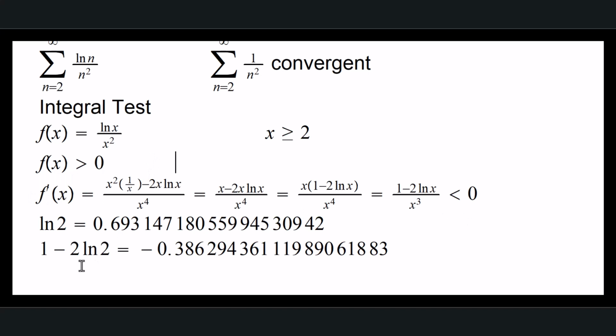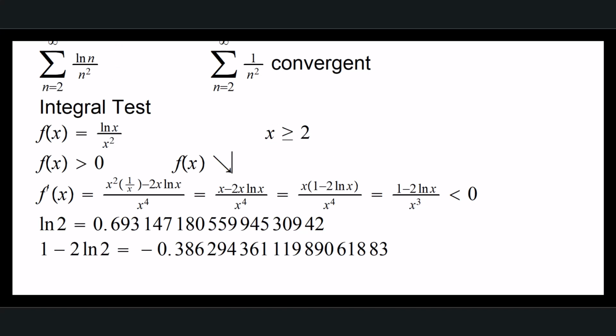So what that gives us is that f(x) is a decreasing function. And then for x greater than or equal to 2, this function is continuous because natural log of x is continuous for this, and the denominator is continuous and non-zero in this region.